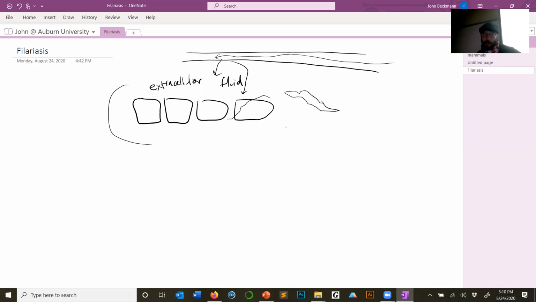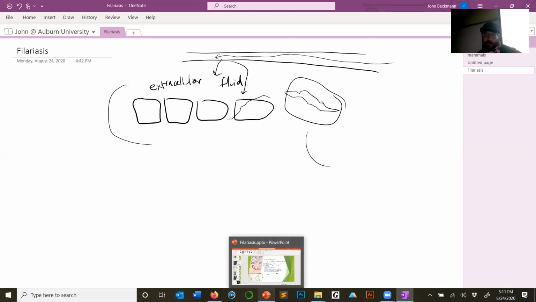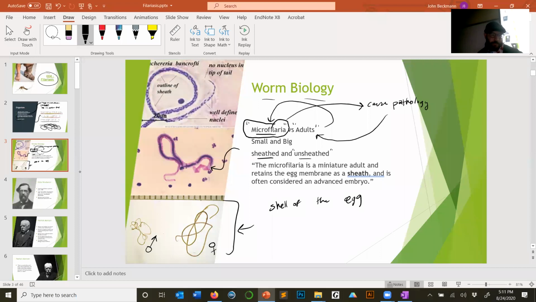Once they die, and we'll talk about this in more detail, their bodies are cycled into your lymph and they accumulate, and that's what causes the elephantiasis. But we'll get to that in a little bit. So just remember that it's usually the microfilaria that are causing the pathology.